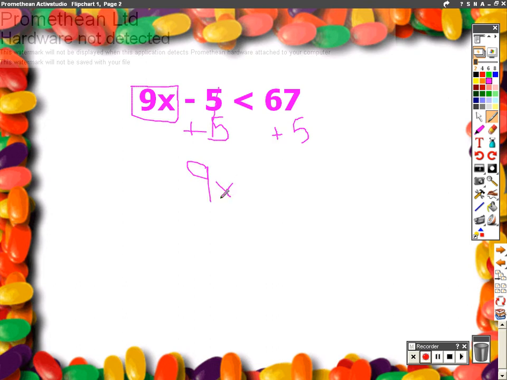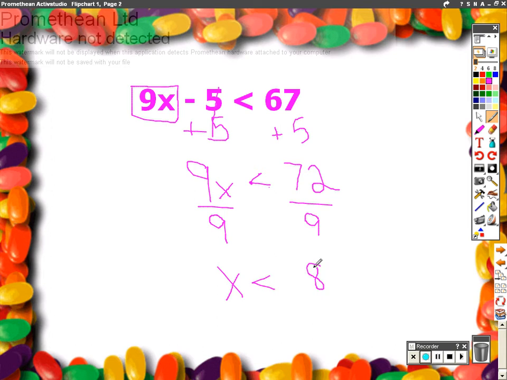9x is less than, and I know it's less than because 1 dot is less than 2. And this is 72. To get x by itself, I divide by 9 to undo that multiplication. And now I have x is less than 8.